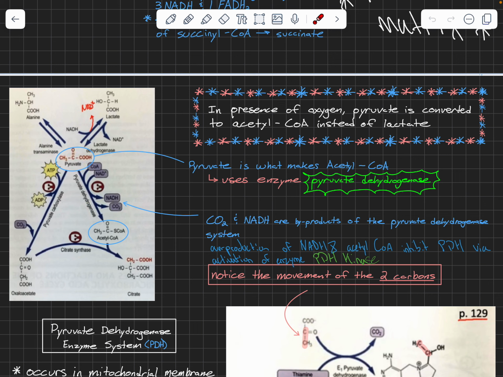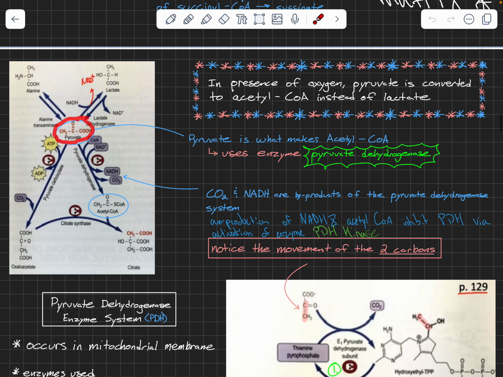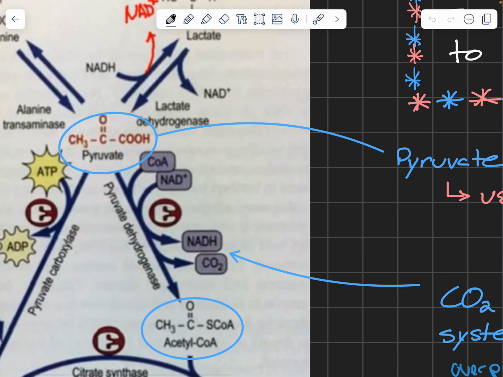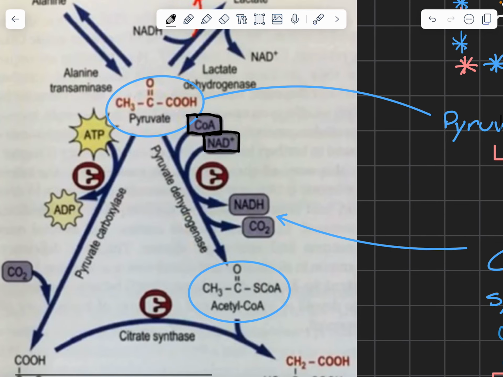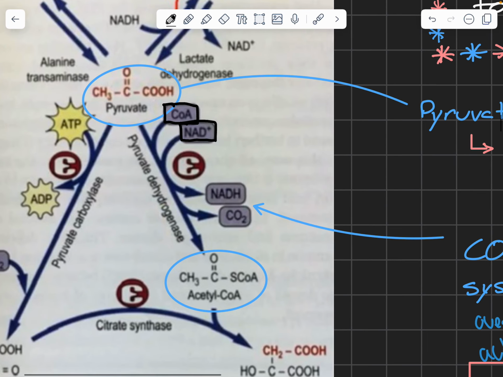So if we look right here, just on this little diagram, we notice we have pyruvate in the starting stage. This pyruvate carboxylase stuff, we'll worry about that at a later time. But what we need to know is pyruvate is acted on by the enzyme pyruvate dehydrogenase. And if we look right here, we have a CoA and an NAD come in and react alongside pyruvate dehydrogenase.